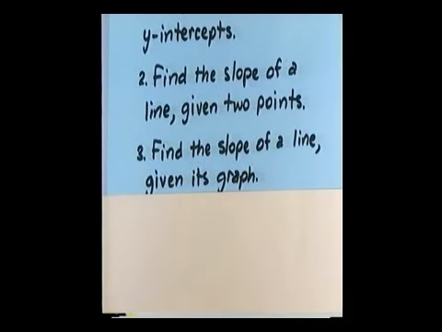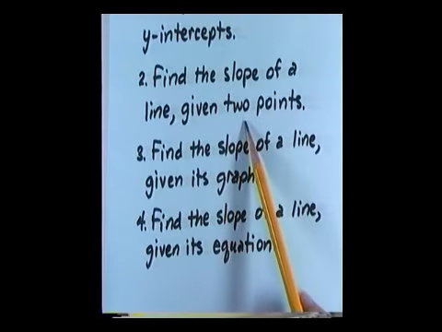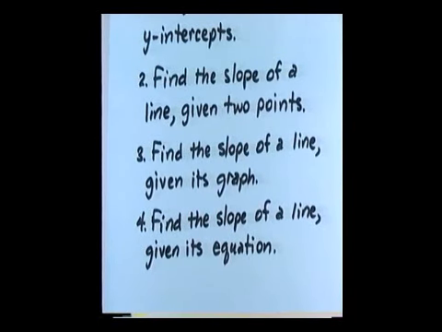Third, find the slope of a line given its graph. And finally, find the slope of a line given its equation. You notice that we're working with slope from 2 points, the graph, and the equation of the line. 3 different sources. But let's begin with the first objective, which is the x and y intercepts.